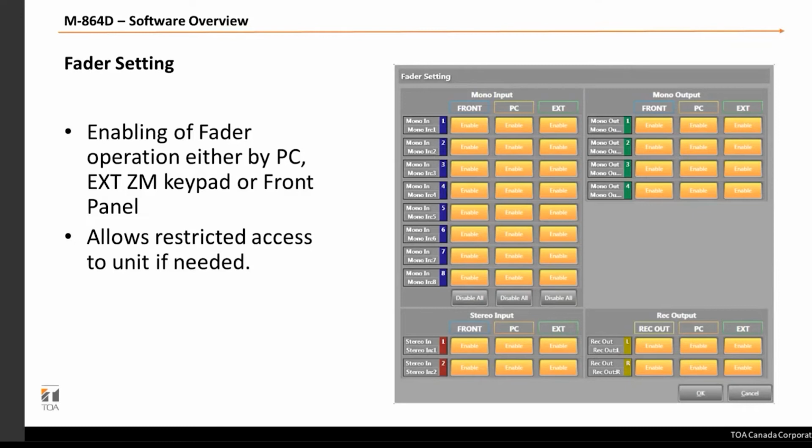So if you don't want an accident to arrive, like somebody lifting a slider on the front of the machine, well, you can disable this slider and give the control only to the PC or the external control that could be the ZM controllers that we have discussed earlier.